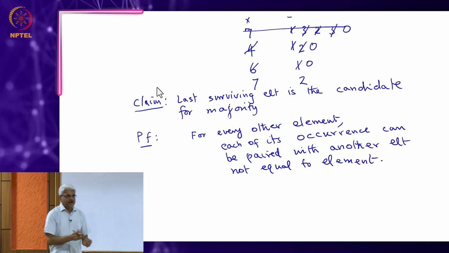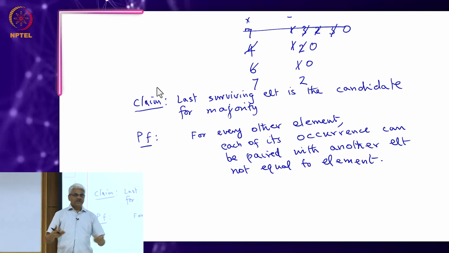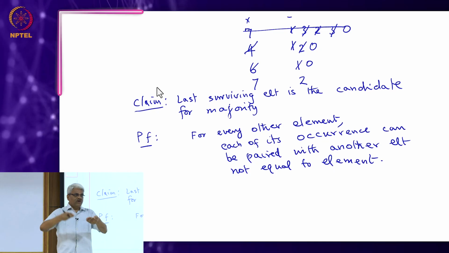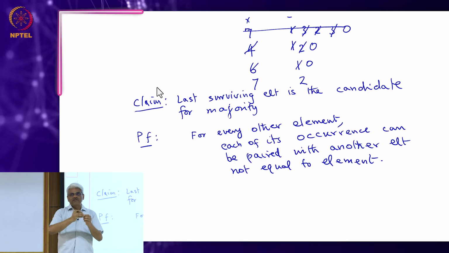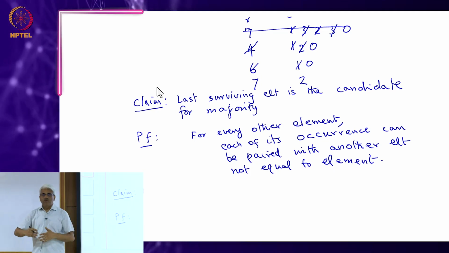Right? Because every other element, how did it get out of this counter which I am storing? Because somebody else knocked it off. Its frequency went on, and then somebody else knocked it off and it became 0. So you think of it as pairing. So it cannot have appeared more than n by 2 times.